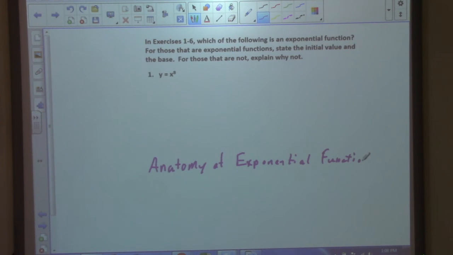Okay, anatomy of an exponential function is if we have y equals a times b to the power of x. And in this, a is equal to what? Does anybody know what that is? A is called your initial value.